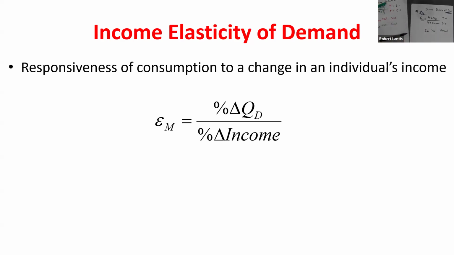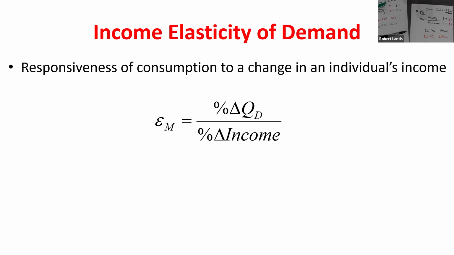If I ever have an income elasticity where when I see an increase in income, I actually see people buy less of it, I'd have a negative change over a positive change. So if my income elasticity is less than 0, that tells me this good is not normal, but when I have more money, if I buy less of it, an inferior good.